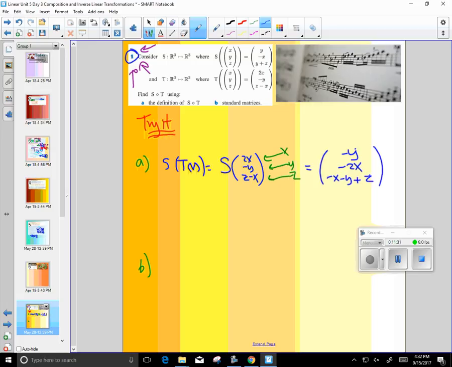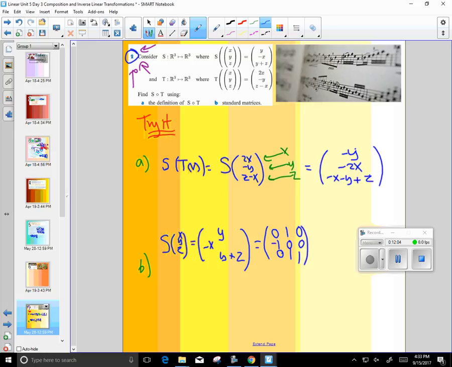Okay, next I'm going to do it the method where you put them into standard matrix form. S of (x, y, z) was equal to (y, negative x, y plus z). And I wrote it that way to help me make my standard matrix, which is [0, 1, 0; negative 1, 0, 0; 0, 1, 1].